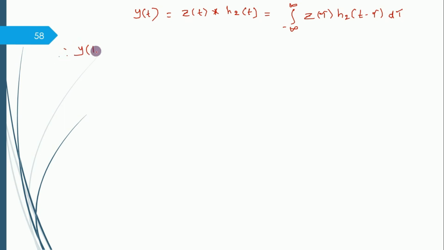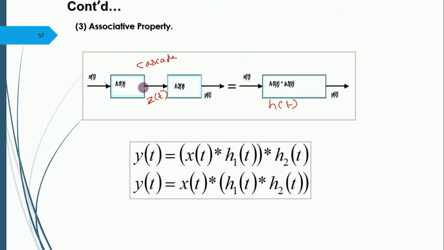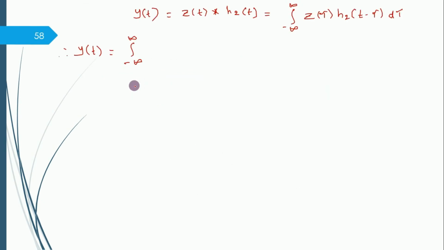Therefore, y of t is equal to z of tau. What is z of tau? z of t is the convolution of x of t and h1 of t. Hence, in place of z of tau, we know that z of tau is nothing but x of tau convolved with h1 of tau.